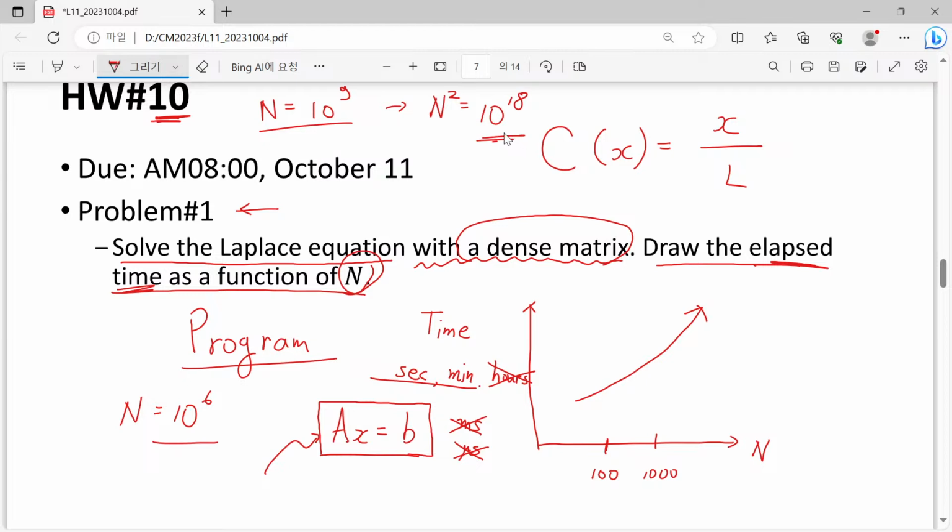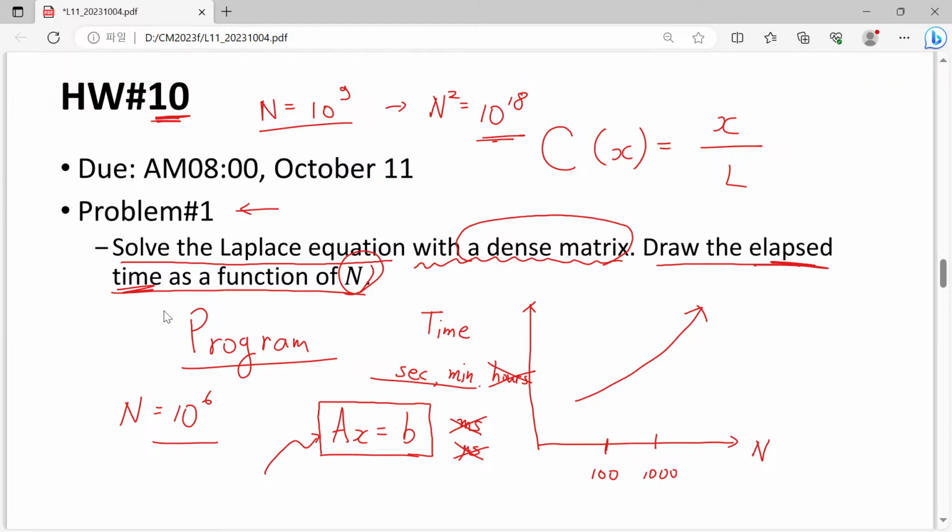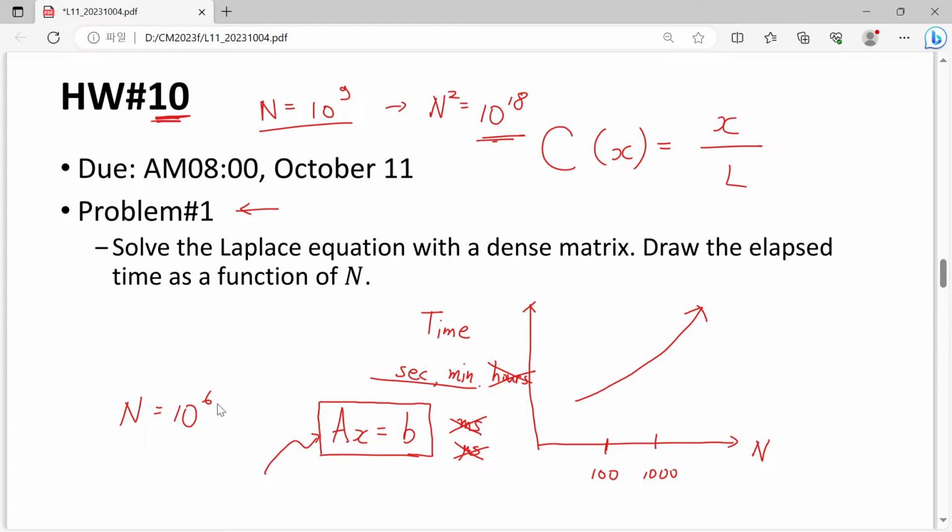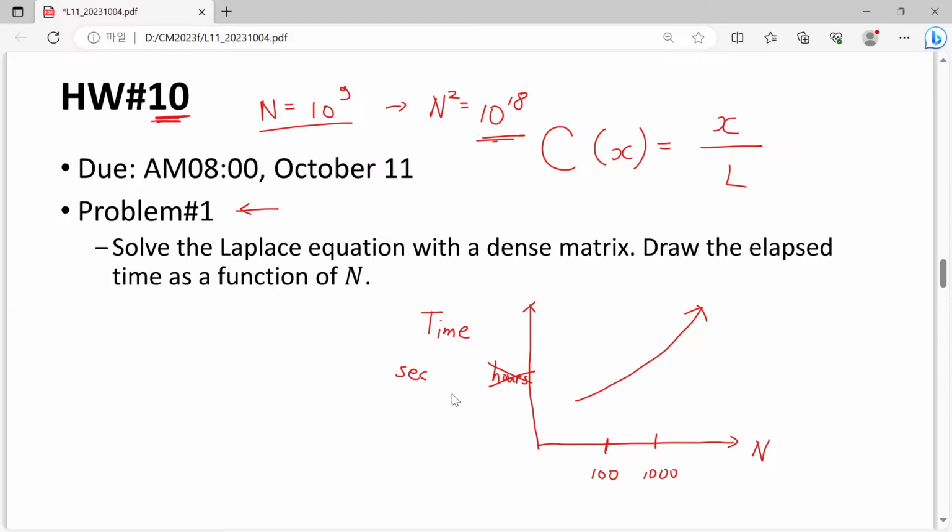So do you have such huge memory in your system? Maybe not. So you will have some difficulty before constructing your A matrix. Okay, so anyway, please try to do this one. Then you will find that it's actually not that easy to make a huge system out of your current implementation.